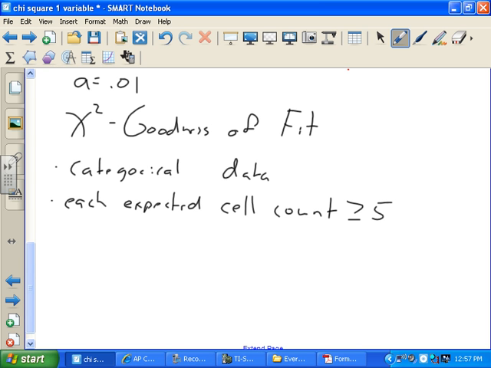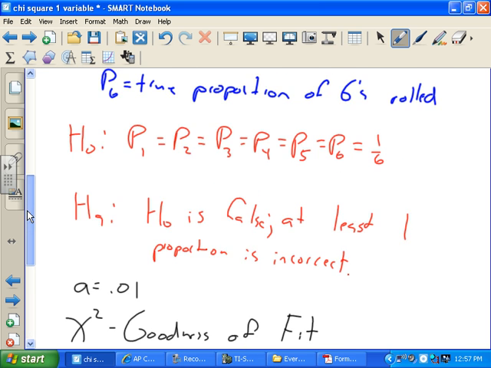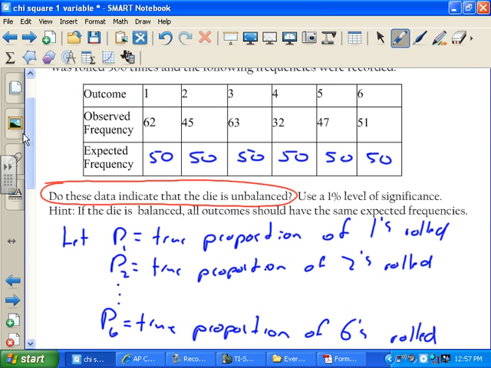In this case, the expected cell count is equal to 50, and I got that from 300 divided by 6.